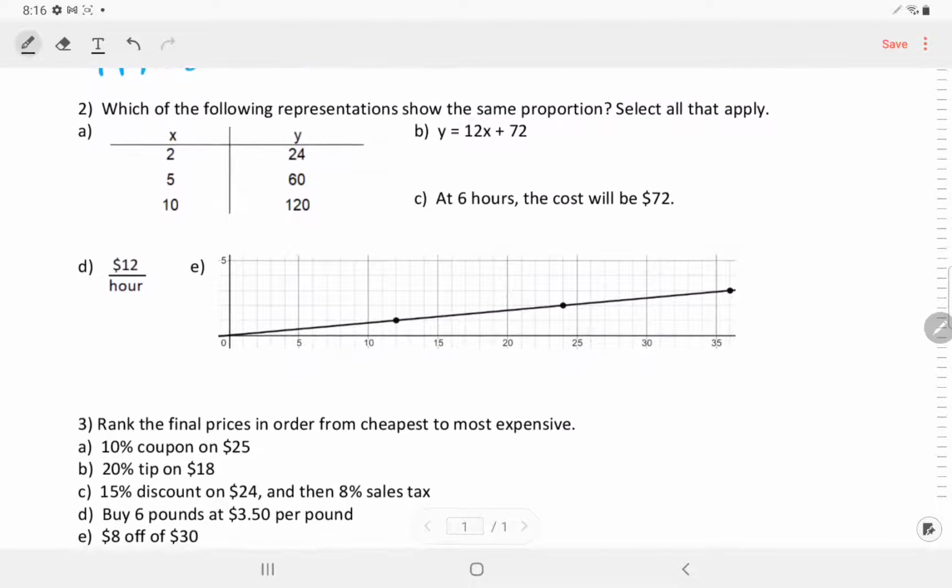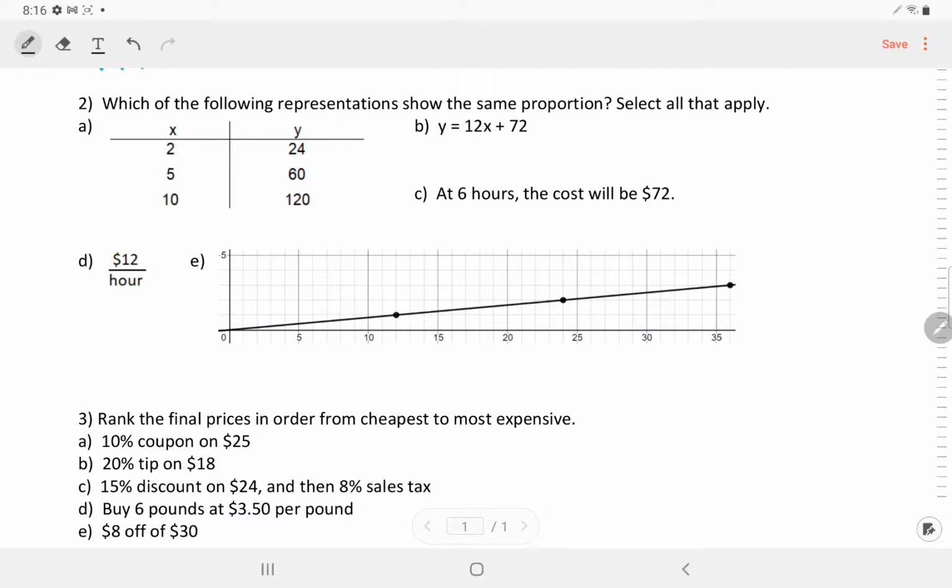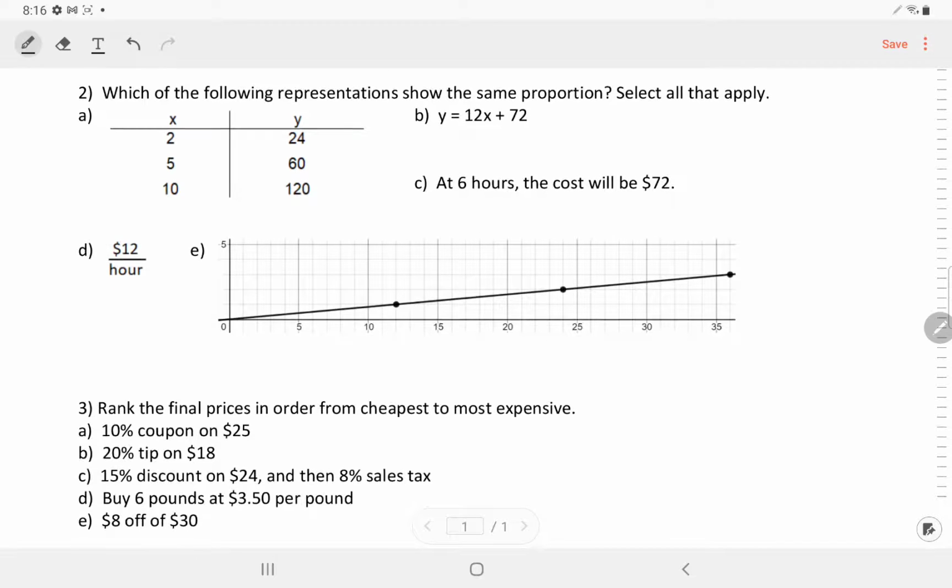For number 2, which of the following representations show the same proportion? Select all that apply. So when we're looking for proportional relationships, we're trying to see if tables, graphs, equations, solution sentence, unit rate, they're all matching, they're equivalent, equal to one another.